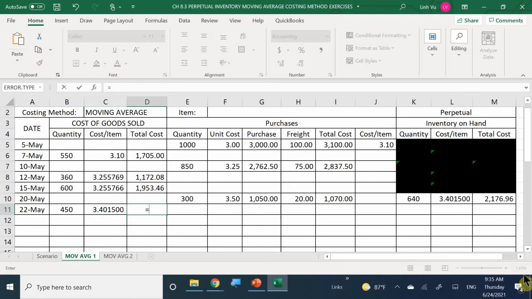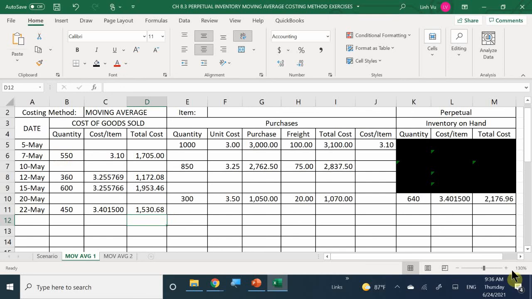Once again, run your equal round formula. What is going to be my total cost of goods sold for selling 450 items at $3.4015? I got 1,530.68. Good. Excellent.